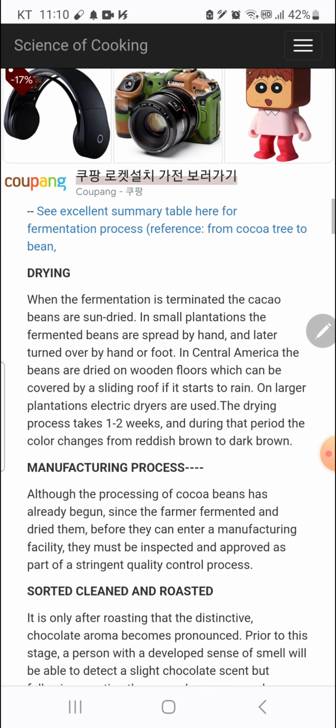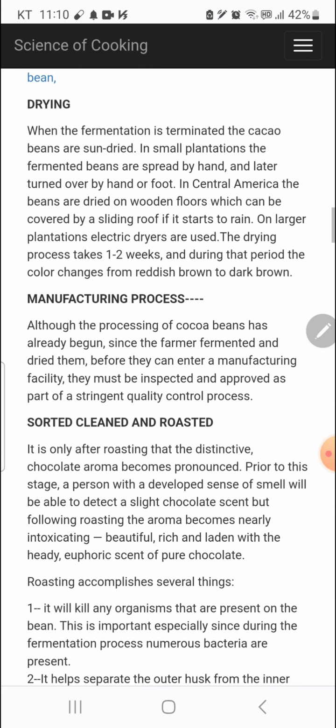Drying. When the fermentation is terminated, the cacao beans are sun-dried. In small plantations, the fermented beans are spread by hand and later turned over by hand or foot. In Central America, the beans are dried on wooden floors, which can be covered by a sliding roof if it starts to rain.